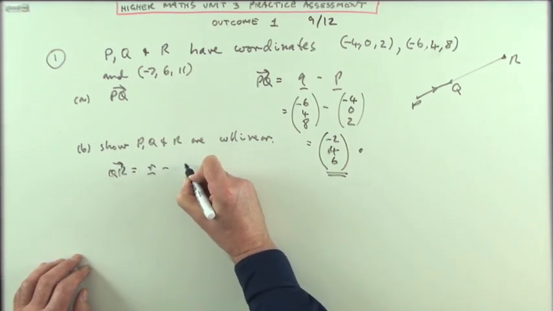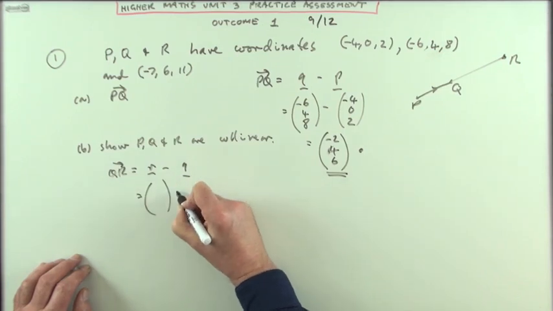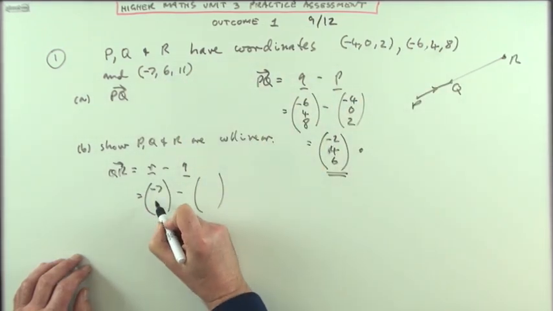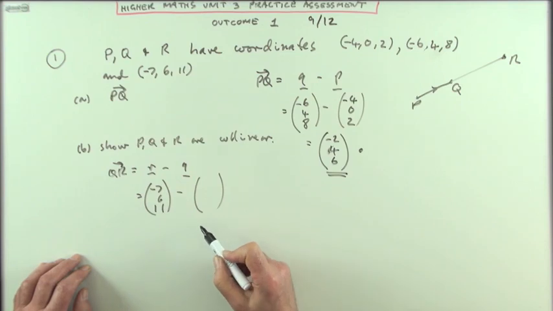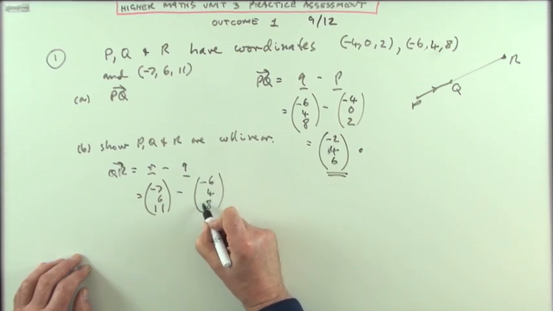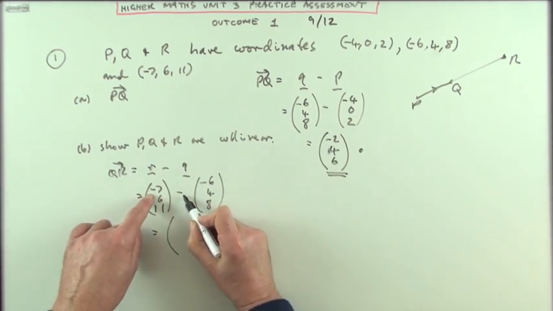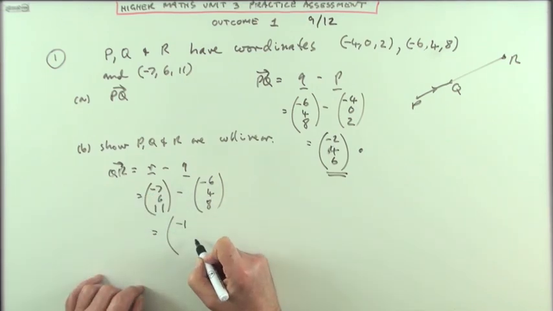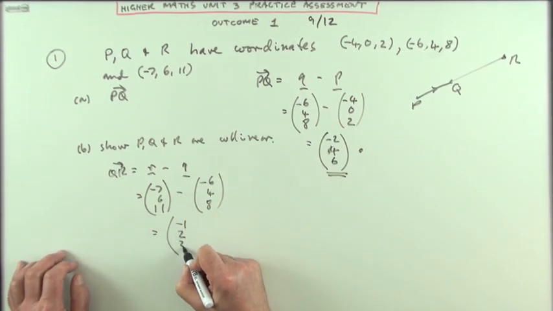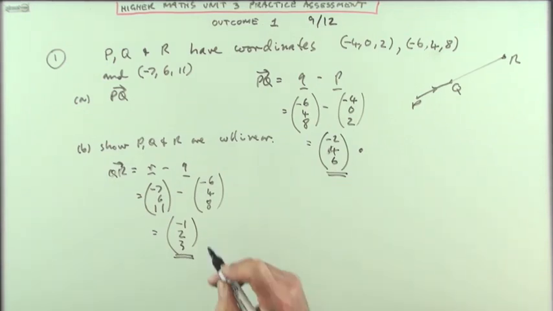Well, that would be R take away Q. R being the last mentioned, which is negative 7, 6, 11, and Q being the second one, negative 6, 4, 8. So that would be negative 7 plus 6 is negative 1. 6 take away 4 is 2. 11 take away 8 is 3. That's the second mark from question 1.